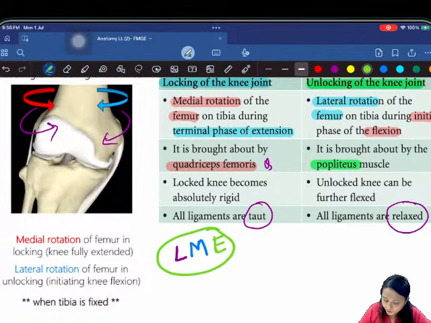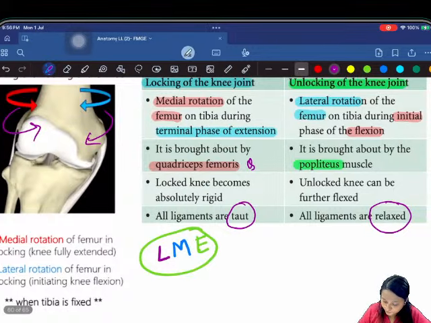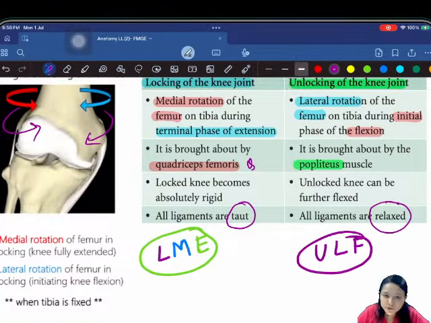And about unlocking, you have lateral rotation, and it is in the initial phase of flexion. Just try to remember these three initials.